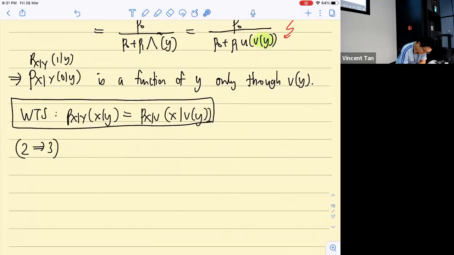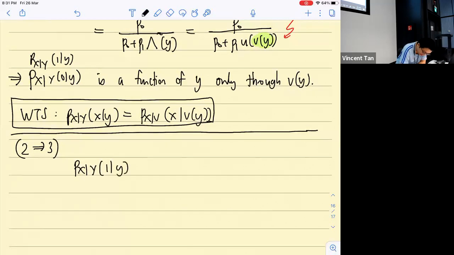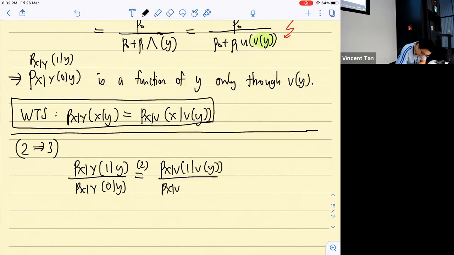So we have 2 implying 3: P of x given y, 1 given y over P of x given y, 0 given y. We are making use of part 2: P of x given v, 1 given vy over P of x given v, 0 given vy.